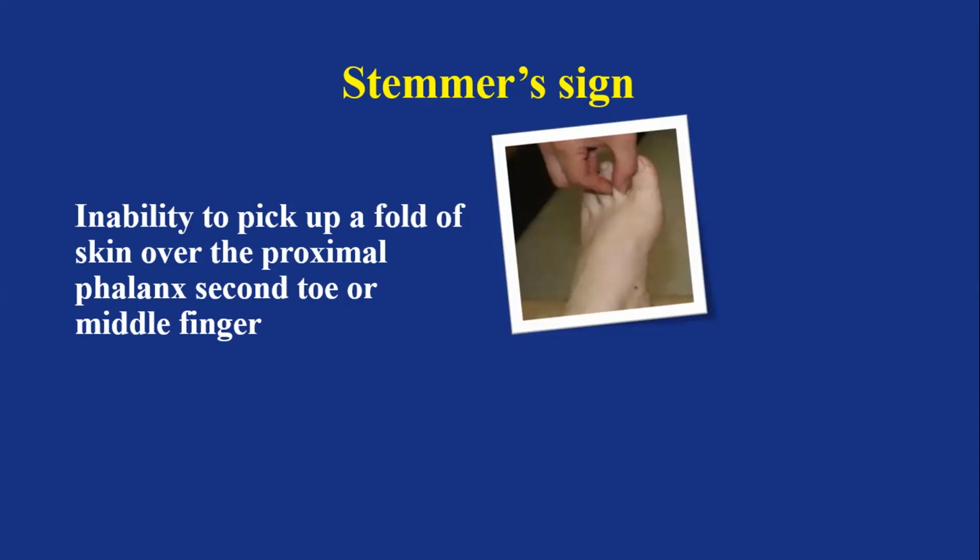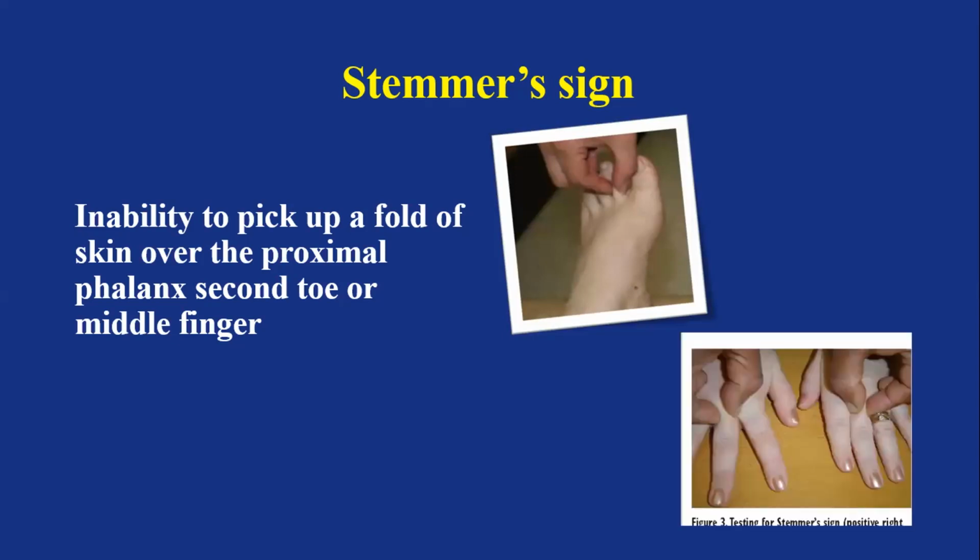That is the Stemmer sign. In upper limb lymphedema, you are not able to fold the skin on the middle finger. That is the Stemmer sign in the upper limbs. You can diagnose this way also.